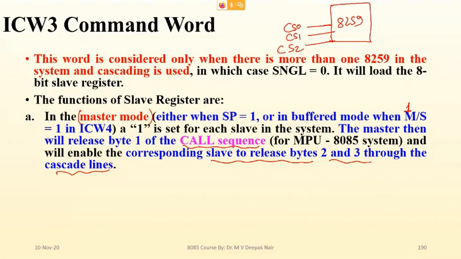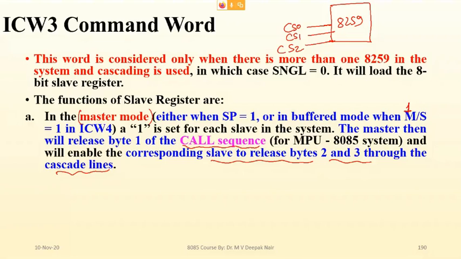The call will be generated by the master, but the rest of the 2 bytes for the interrupt service subroutine will be generated by the slave through cascade lines. Cascade lines play a very important role here, because these 3 cascade lines will be connected to 8085, and we will come to see how these lines are connected.